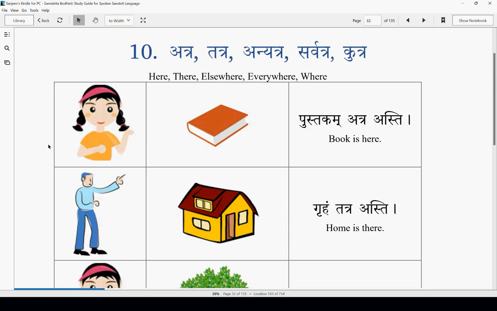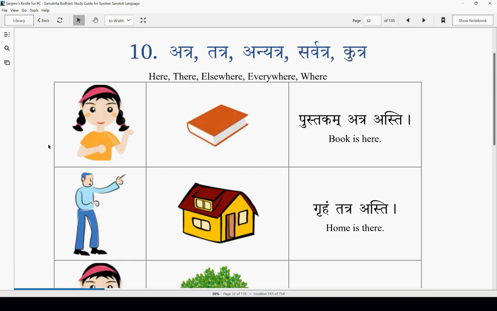Atra, Tatra, Anyatra, Sarvatra, Kutra. Lesson number 10. So these are indicating here, there, elsewhere, everywhere, where. Atra means here, Tatra there, Anyatra elsewhere, somewhere else. Sarvatra everywhere, and Kutra is question.